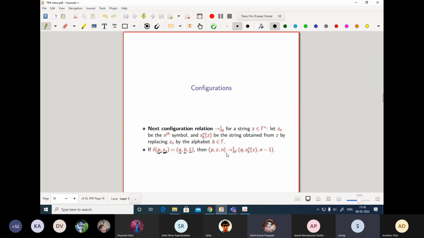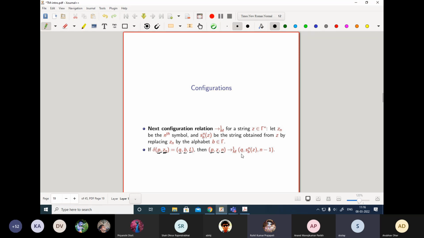Since I am at P, Z, n, my current configuration is P, Z, and my tape head is at the nth cell.